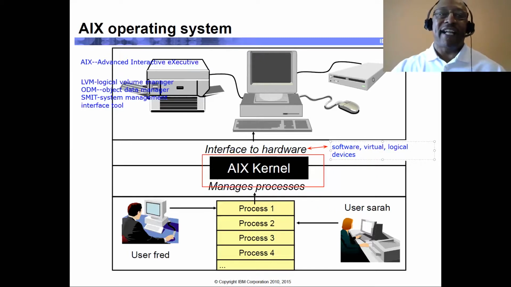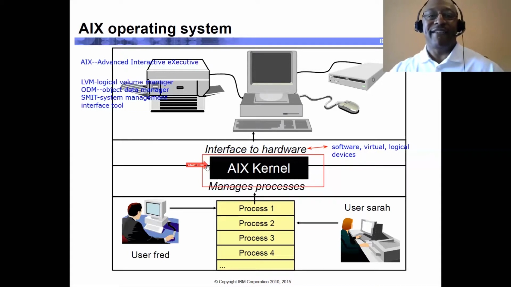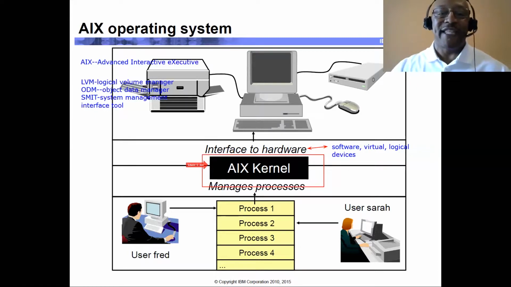This is our high-level overview of the actual operating system. What we want to understand is that the kernel is really the heart or the centerpiece of the operating system, and that the kernel manages and controls processes and threads within the system. So what we'll want to look at is what we will be learning in this particular course.